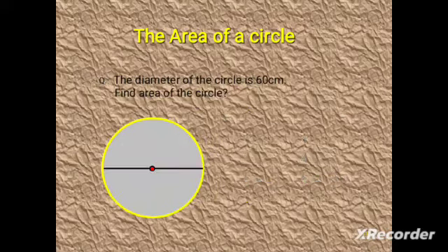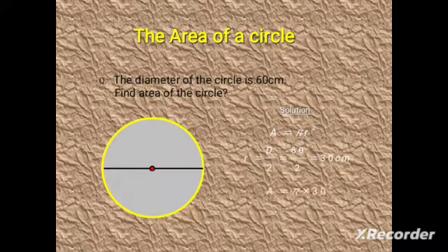Number 2, the diameter of a circle is 60 centimeters. Find the area of the circle. So we have the formula pi r squared for the area, and the radius is d over 2, the diameter divided by 2, and we will have 30 centimeters.